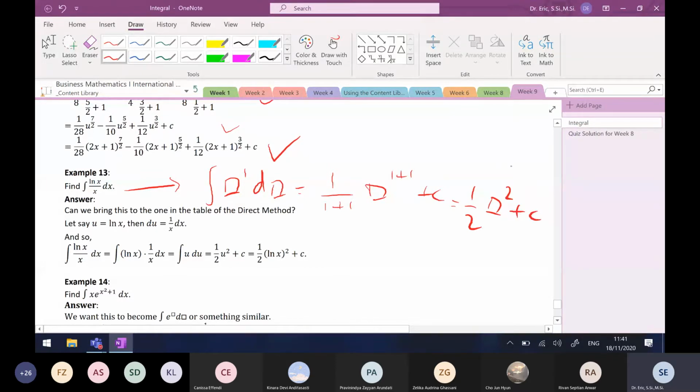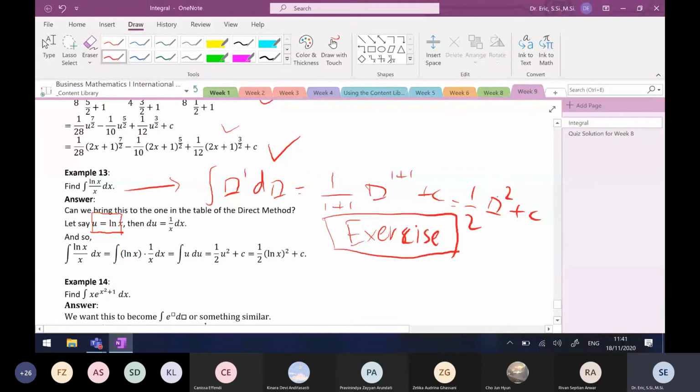Remarkable. So, but Pa, how do I find this one? How do I know I have to let u equal this? And the answer is exercise, exercise, exercise. I'm sorry. No other technique.